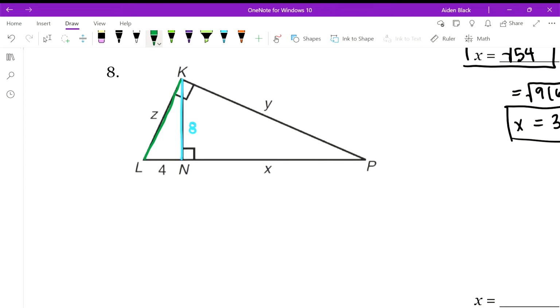Here's one leg, here's the other leg, and then here's part of the hypotenuse, here's the other part of the hypotenuse, and then we have the full hypotenuse, which is x plus 4.